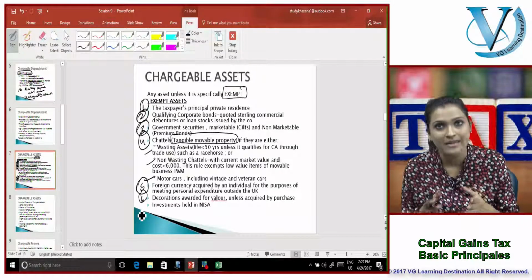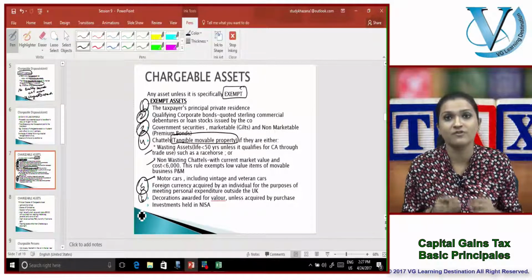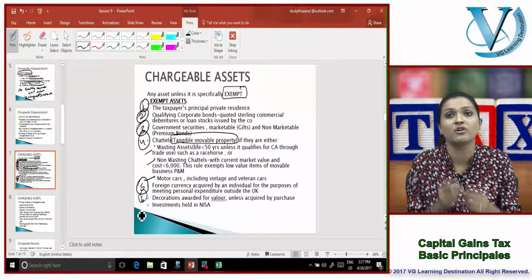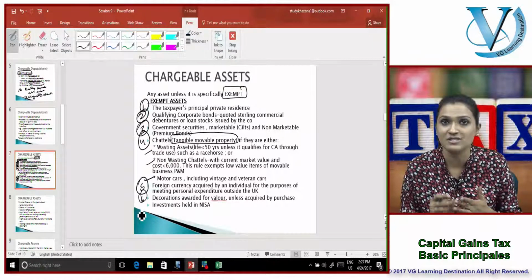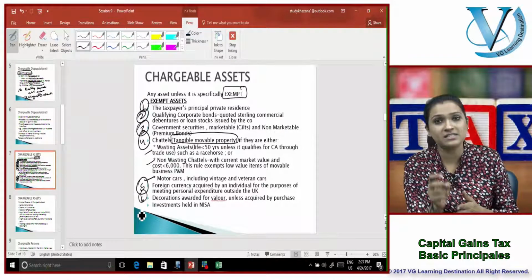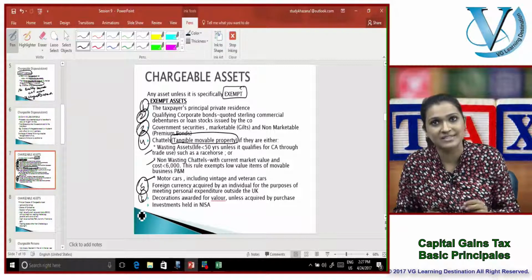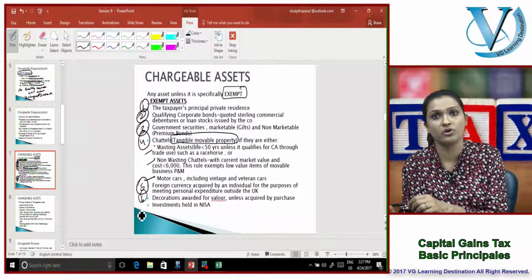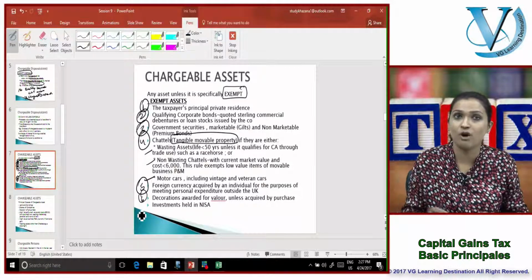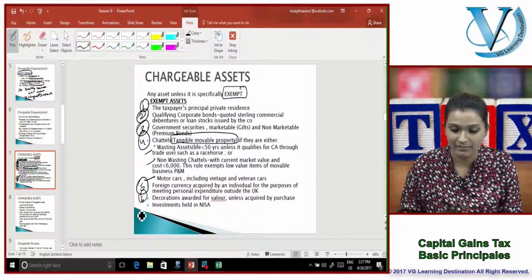Because this award was given to you for a cause, for a valour, for an act of bravery that you had performed. So definitely not liable for CGT, unless, of course, you had actually gone on to the physical market, purchased this gold plate at a particular cost, and then subsequently sold it off at a profit. Then that profit would definitely be liable for CGT.